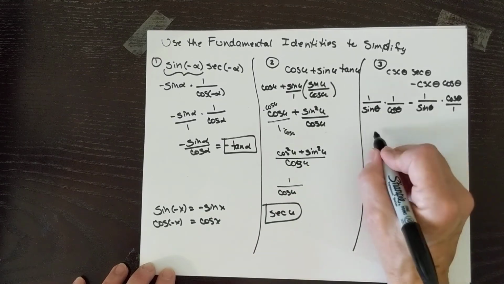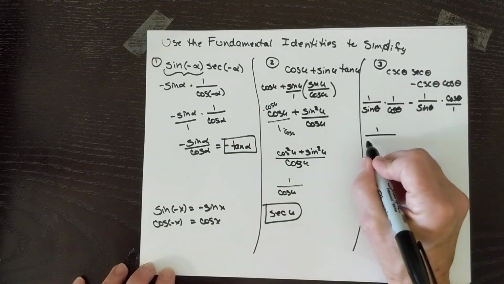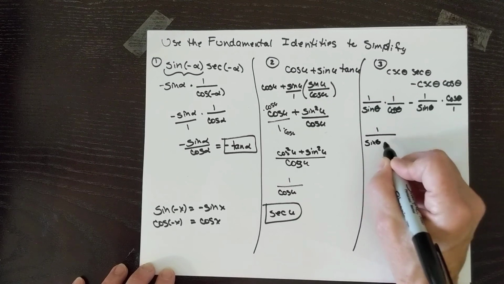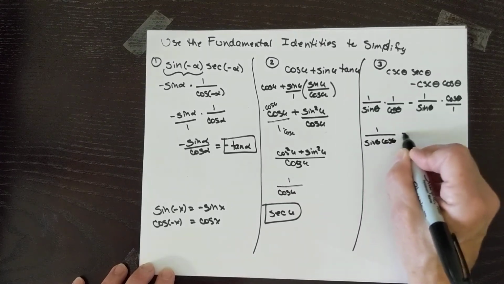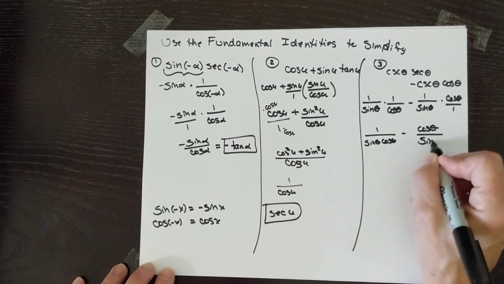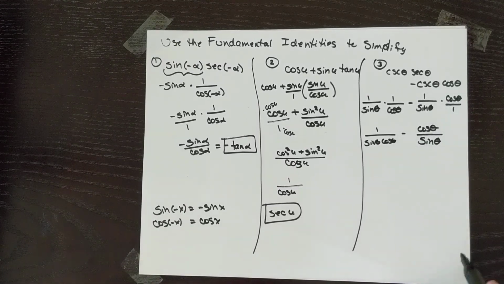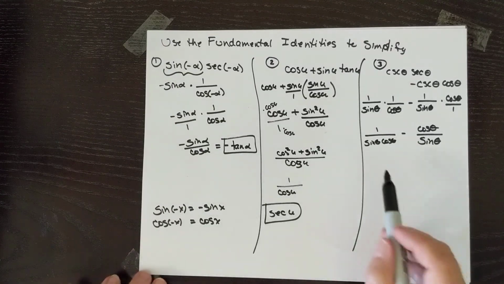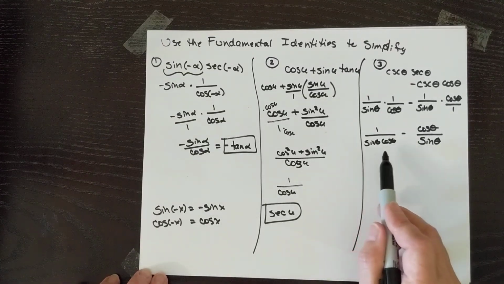Let's multiply these together. This is 1 over the sine of theta cosine of theta minus the cosine of theta over the sine of theta. Now we're going to do the same thing we did in number 2. We're going to get a common denominator of sine theta cosine theta.